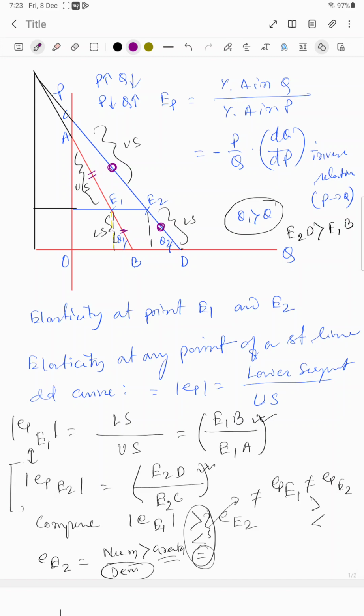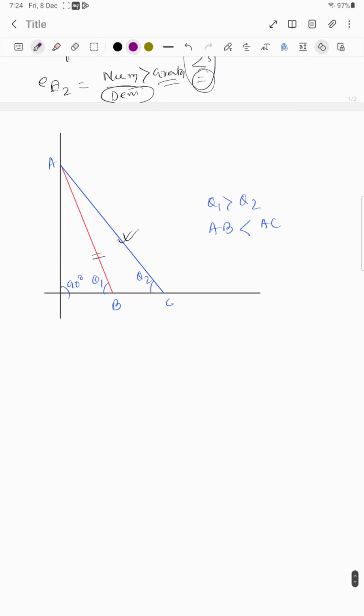Elasticity is the lower segment by the upper segment. That means it may cancel out.